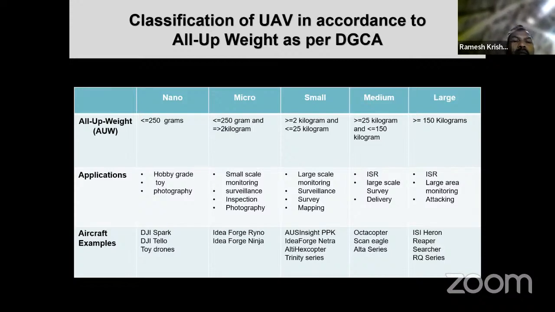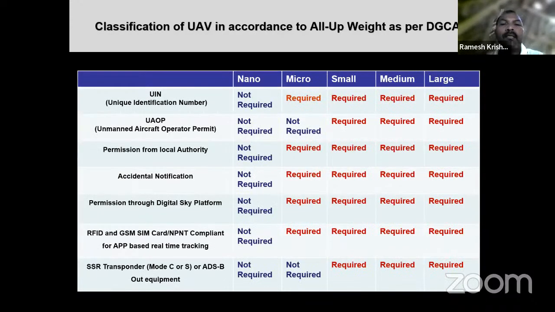And depending on the weight classes and the payload, the application also varies, because nano will be hobby and photography, and micro can go a little bit better in photography, but other categories can go for mapping and high resolution. There are some drones already available in the market which belong to these categories. But importantly, in this drone policy, certain permissions have been relaxed, particularly for research and development and government. So many of those things which were required have been eased out.